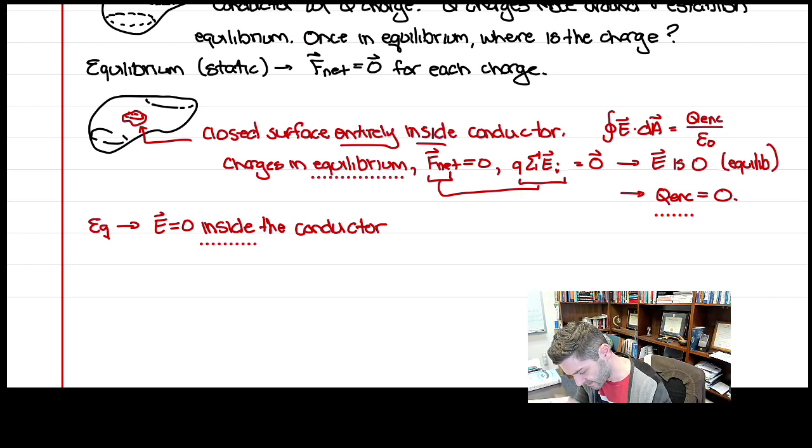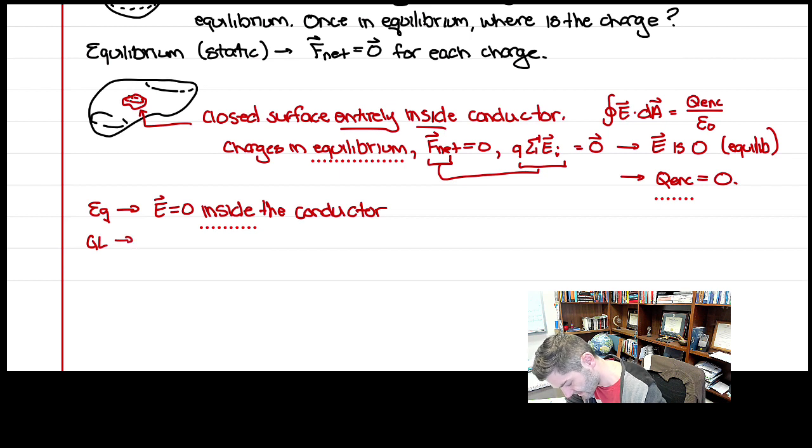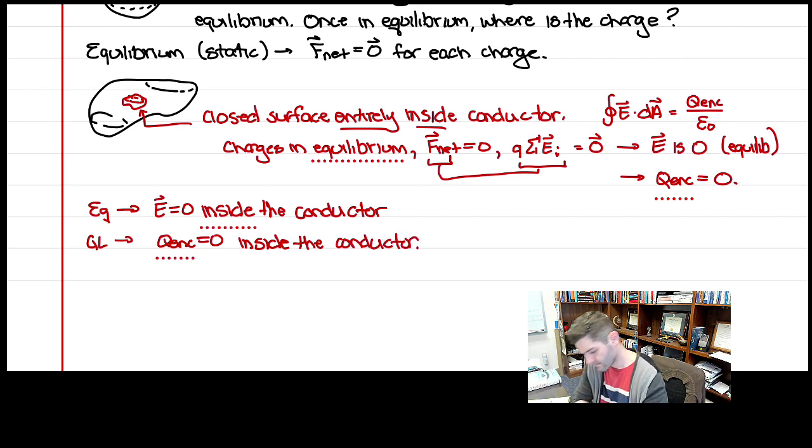If the electric field is 0 inside the conductor, then that means Q enclosed is equal to 0 inside the conductor. At least for that particular Gaussian surface I drew, that little red blob. For that particular blob, there can't be any charge inside that blob.